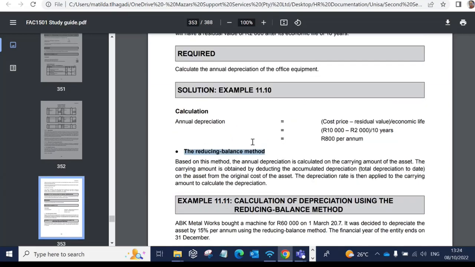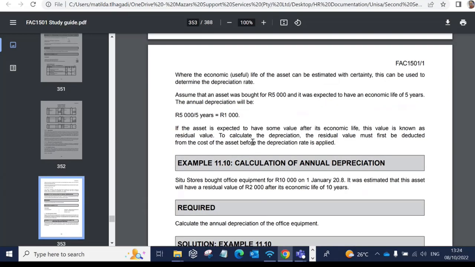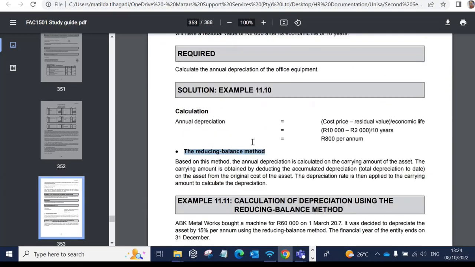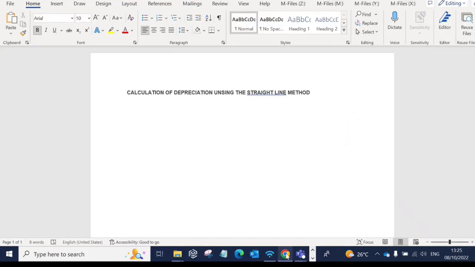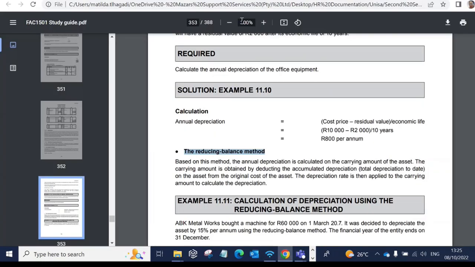But before we do that, I just want to show you something on the straight line method.